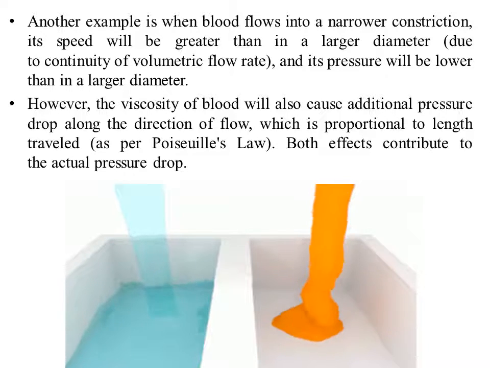Both effects contribute to the actual pressure drop. So you can have a change in the diameter, and along the direction of flow the pressure may also change. The diameter change also affects it, and the pressure change is also caused by viscosity. So both effects may be taken into consideration as per Poiseuille's law.